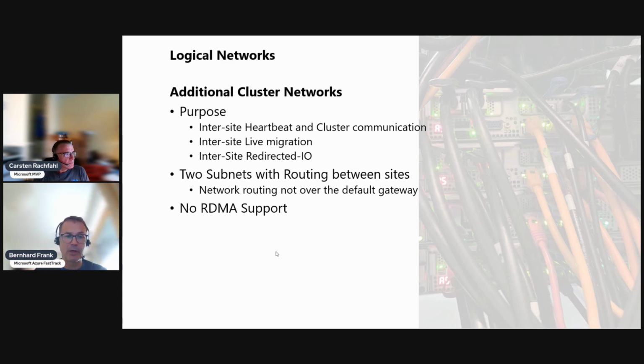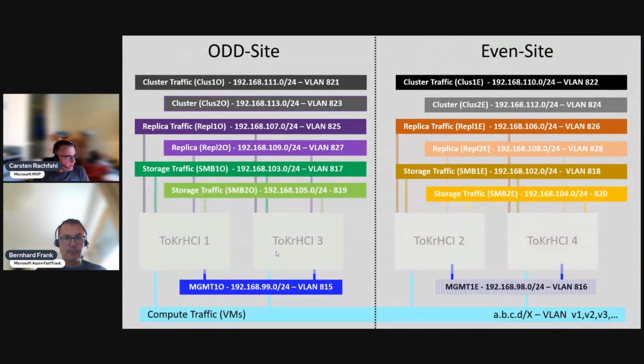That's why we keep the traffic in an additional network adapter. And we are not doing RDMA between those two sites. We will do a special video about routing, which will enlighten more what we mean, so we will talk about routing there. So show us.